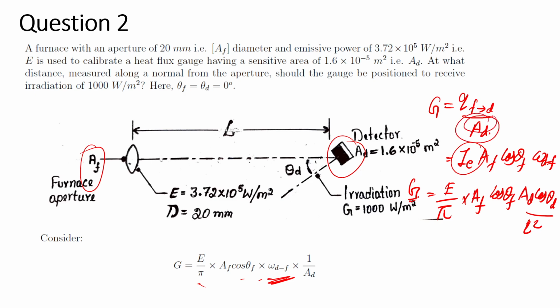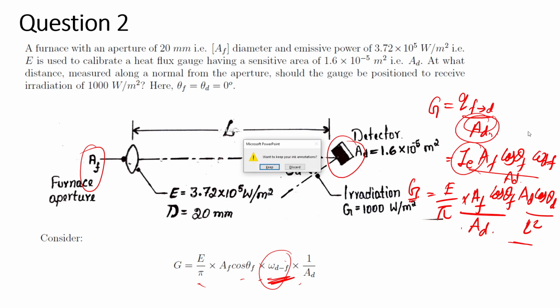And then we also have to divide this by A_D, so that will come over here, on A_D. Both of these are the same formula, we have just expanded this term. From this we can find the value of length that has been asked. So let's see the solution again.